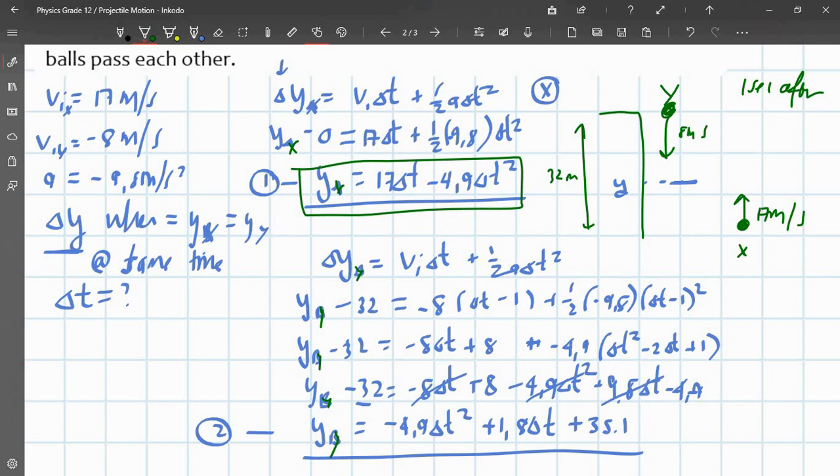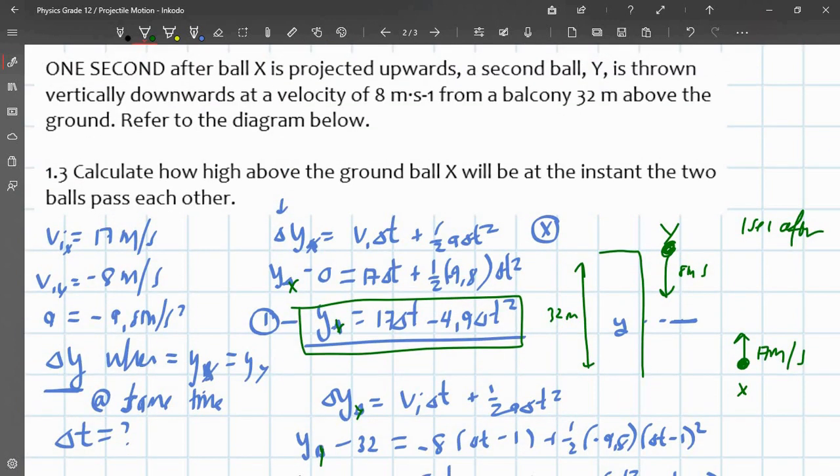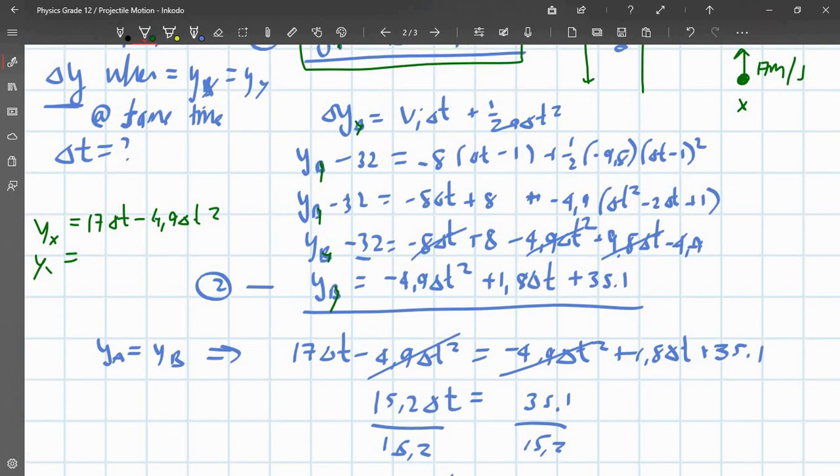So that's simply going to be here. Y x is equal to 17 change in time minus 4.9 change in time squared. This is going to be 17 times 2.31 minus 4.9 times 2.31 squared.